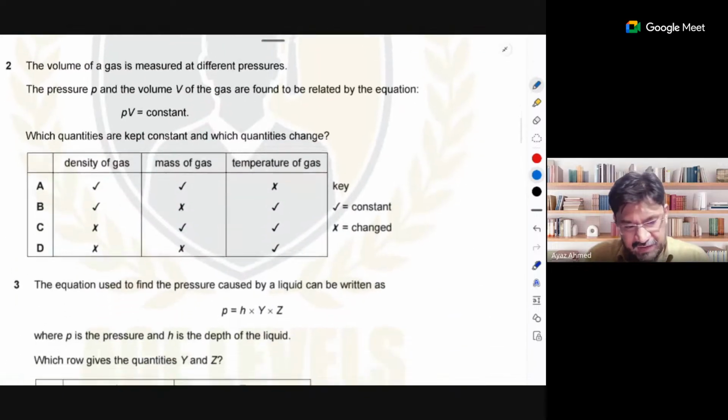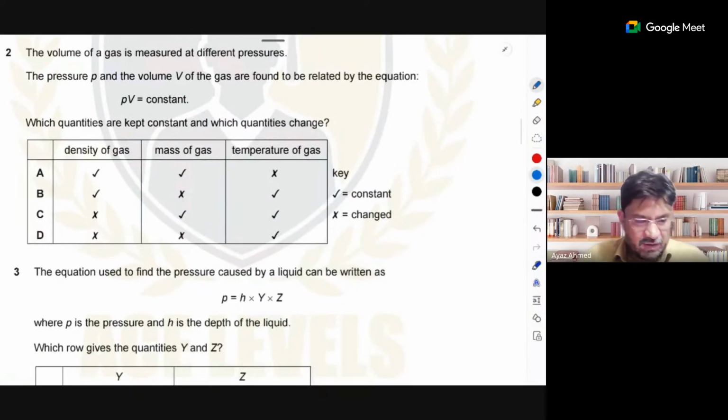The next question is that the volume of the gas is measured at different pressures. The pressure of the gas and volume are found to be related by the equation PV equals constant. I told you that PV equals constant means that once you increase the pressure, volume will decrease, and if you decrease the pressure, volume increases, and so on.